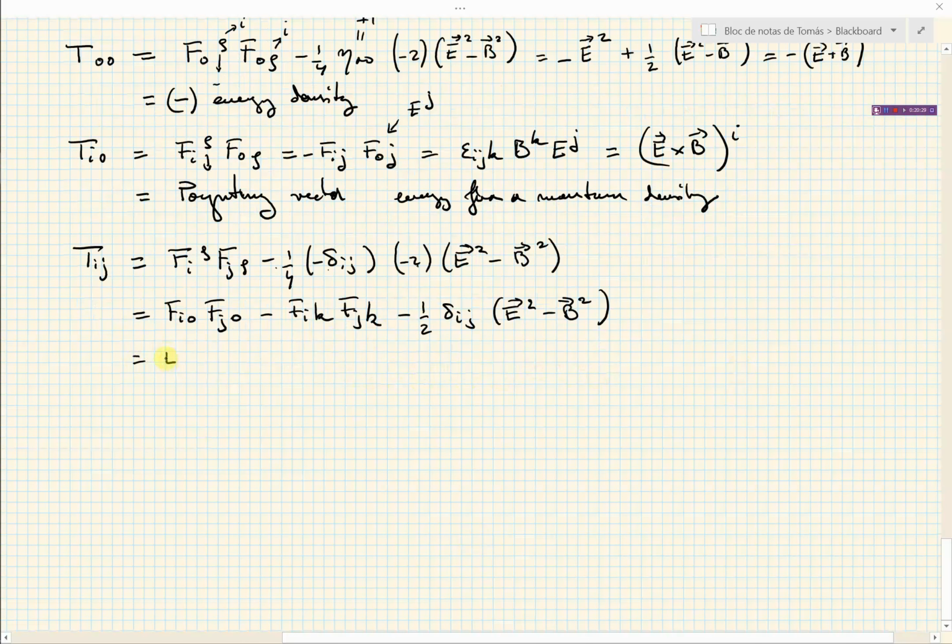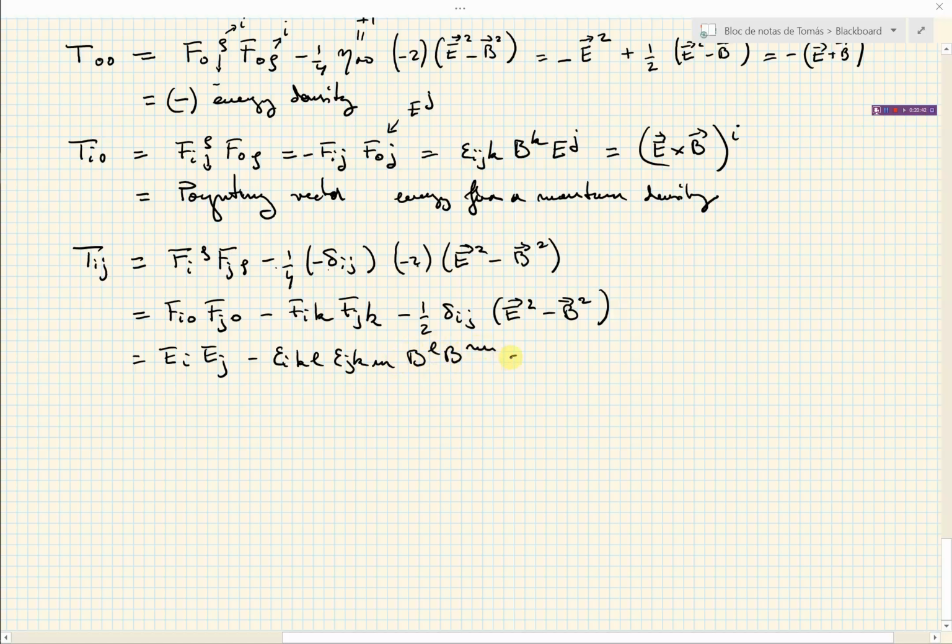This is EiEj minus epsilon ikl epsilon jkm Bl Bm minus 1/2 delta ij (E squared minus B squared).